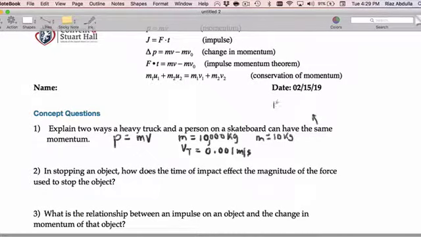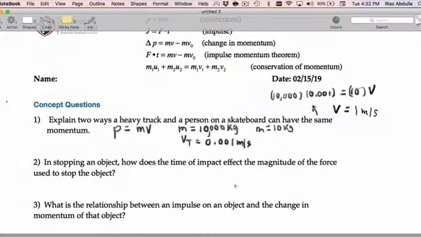So why don't I take this 10,000 kilogram truck, times it by that velocity to get me the momentum, and then let me take this 10 kilogram kid and figure out what speed that kid would need to go at. And so when we solve for v, we will end up getting 1 meter per second for the person. So we'll just go with one way. I'm going to let you come up with a second way, maybe in class as a warm-up.